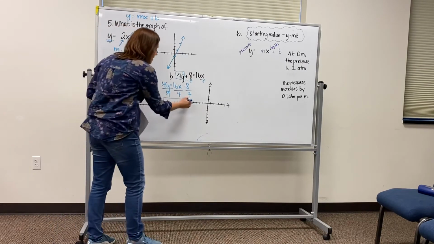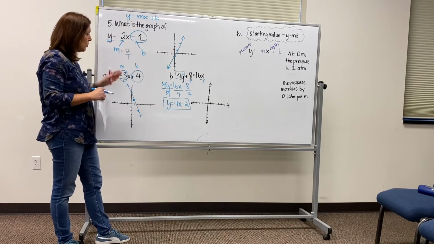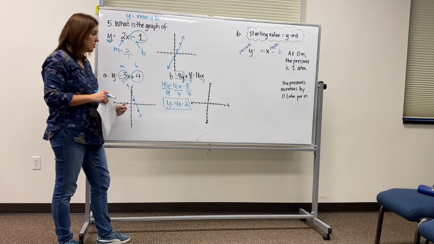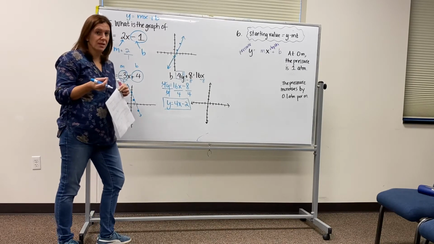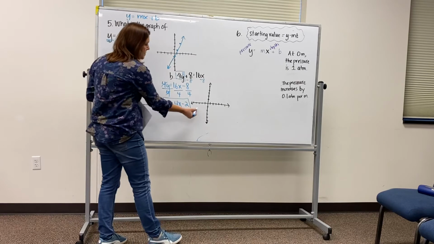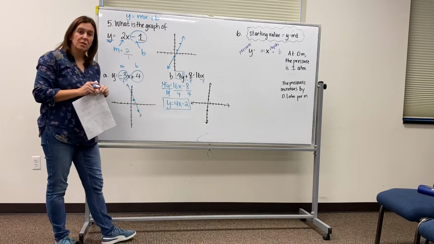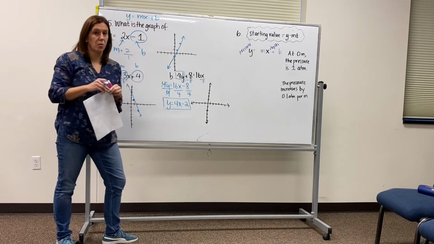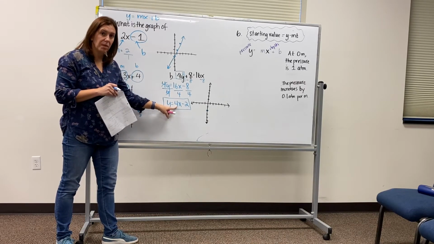Okay, now that it's in this form, I'm ready to go ahead and graph it quickly and easily like I did the other two. My first point is always my y-intercept. Well, my y-intercept is negative 2. And then I use my slope to find the other points. Remember, positive slope means an uphill line.